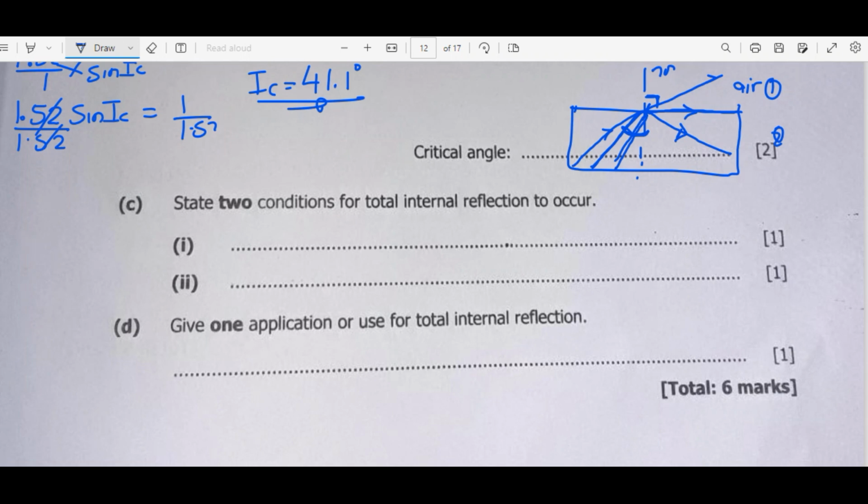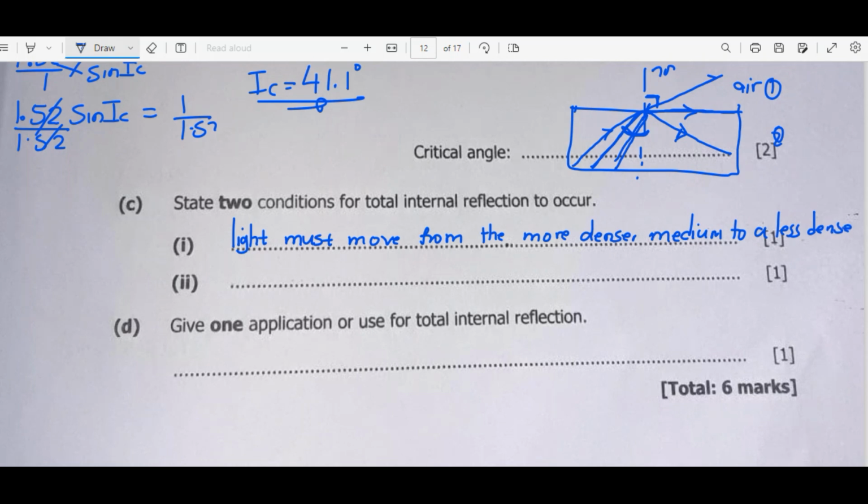So we'll say light must move from the more dense medium to a less dense medium.